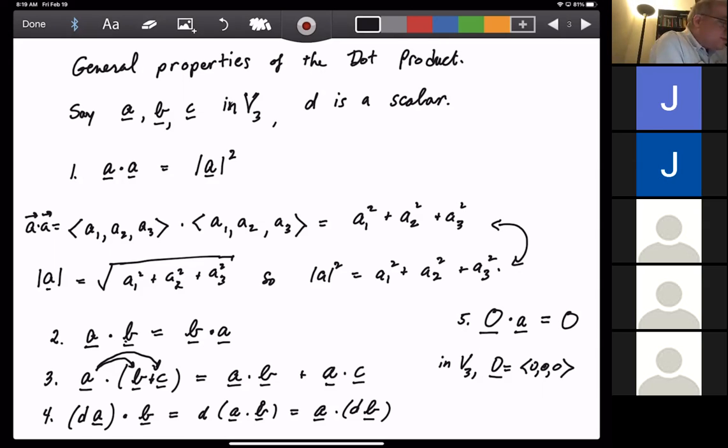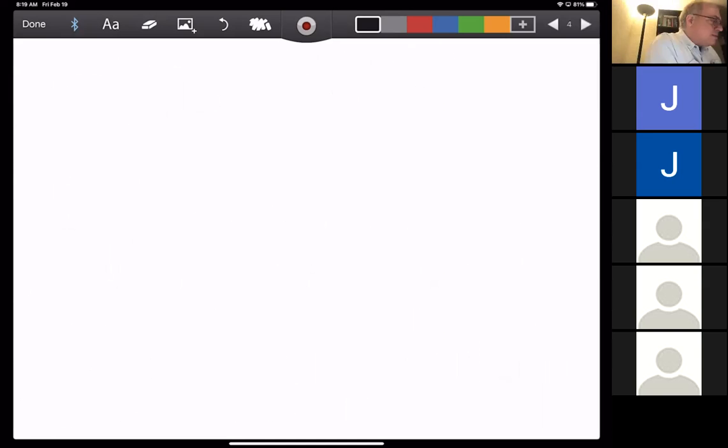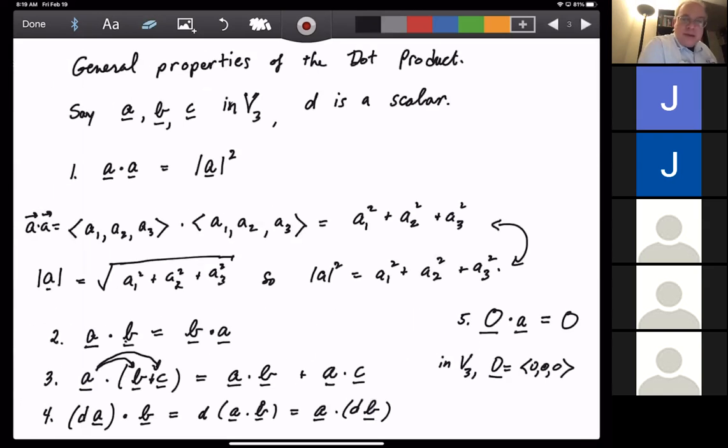If you have to compute something that involves the dot product, sometimes it's convenient to use these properties to manipulate the calculation you're doing. You might want to reorder the vectors and so forth. Sorry, does everyone have what they need from this page before we go on?